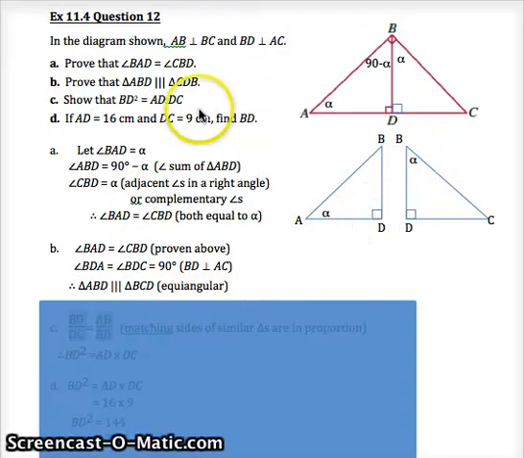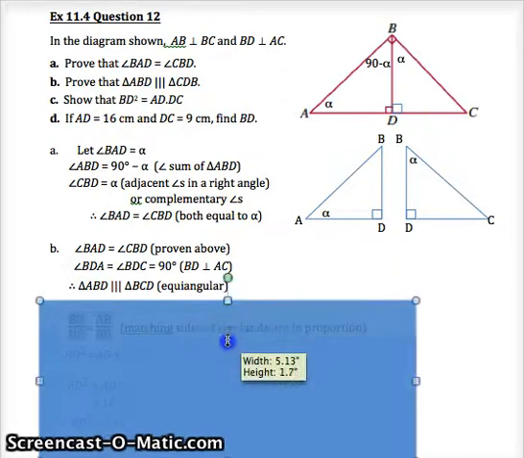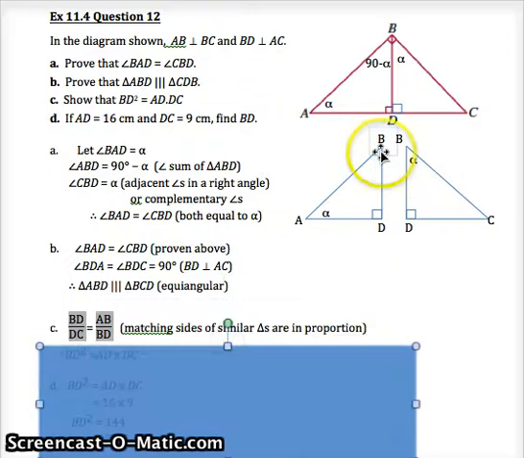Those sides that I just spoke about, BD twice and AD and DC, all appear in show that BD squared equals AD times DC. So we're going to do the ratio with those sides, going from left to right.